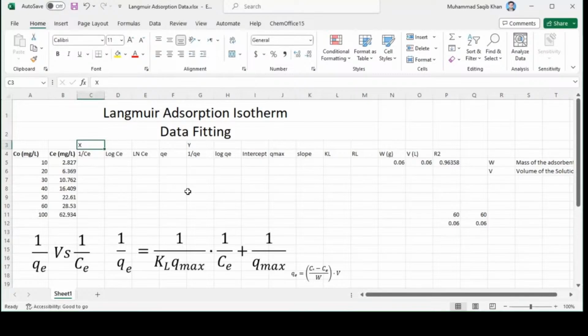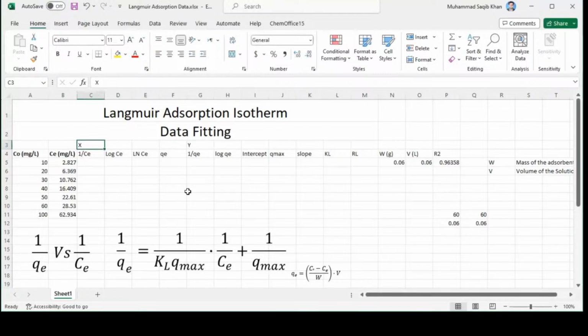For example, you can use any of these. Let me use this one. And then I will increase its size and press apply and OK.